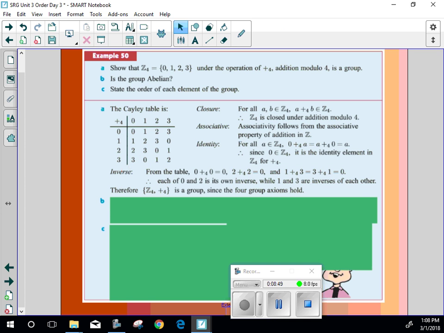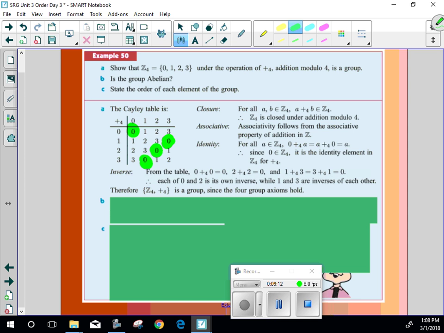Now, for the inverse, if you have the identity element, you want to see where 0 is coming up. And this one you're really good at. For the inverse, 0 is going to be the inverse of itself, and what else? 2.